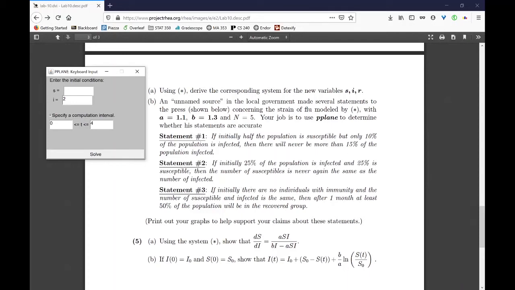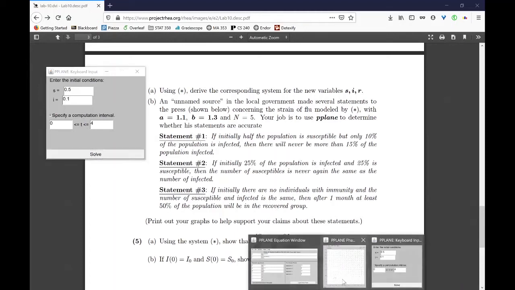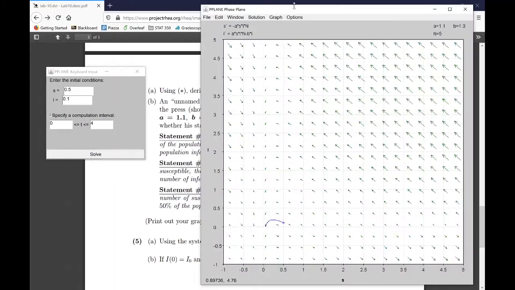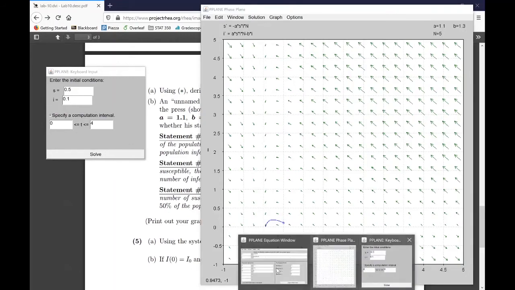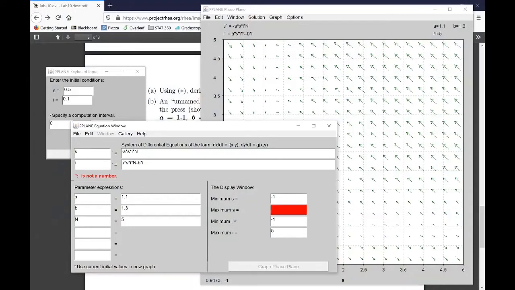Initially half the population is susceptible, which means 0.5, and initially 10% of the population is infected, and we solve. We see it right here. Oh, that's a good point. I should probably change the bounds here so that we can get a clearer picture.